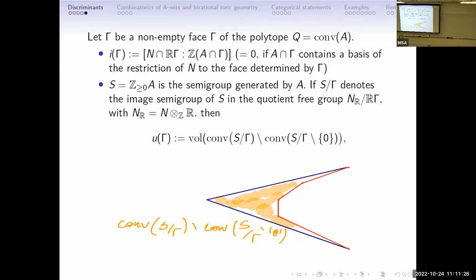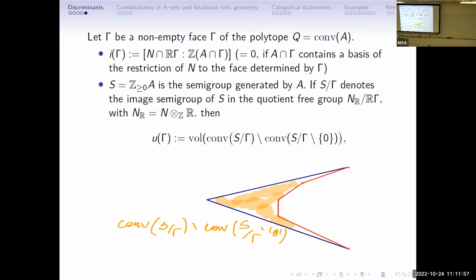Now, U is a little tricky. What you do basically is the following. Think about the polytope in a hyperplane, or you can think about the cone over this polytope, and you take one face of this cone and you quotient out by this face.